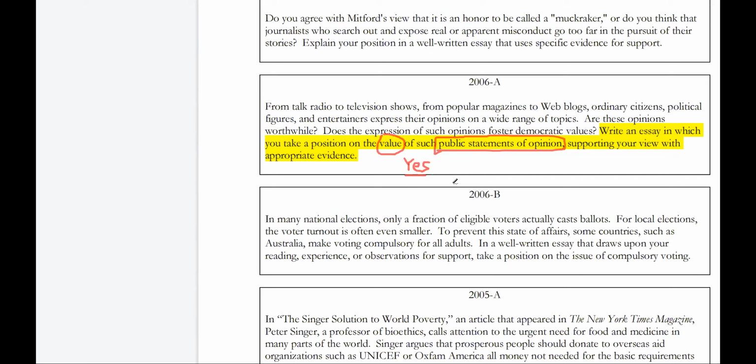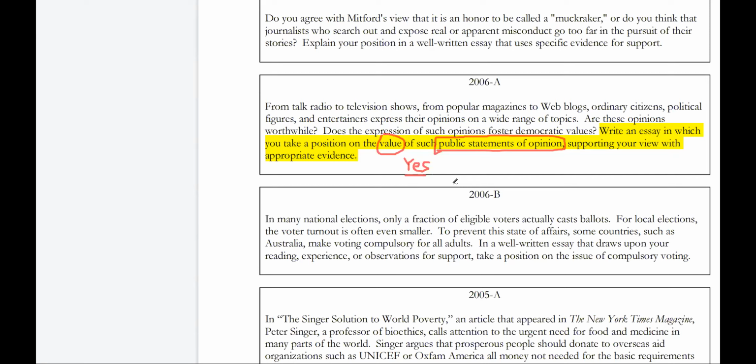To entertainers or celebrities, this general public opinion can set the course for their future performance, their work, their artwork, right? So each group of the audience receives the value from these opinions, right? That's your second body paragraph.